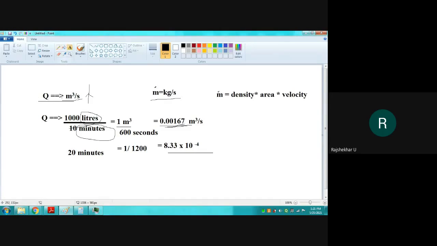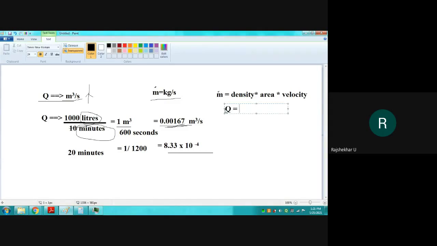So I can write discharge, that is Q is equal to area into velocity. Unit is, we already know this, meter cube per second. So this is discharge.